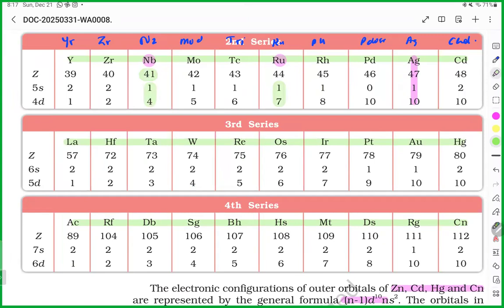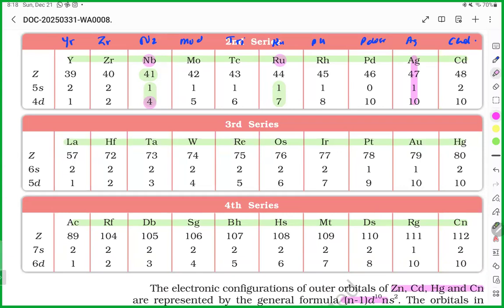So what is the total number of electrons in niobium in 4d? 4. What is the total number of electrons in ruthenium? Am I audible, guys? Yes, sir.